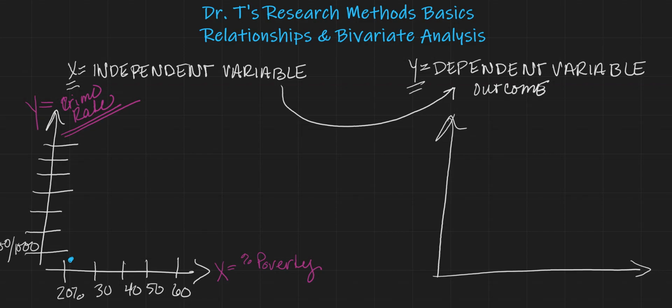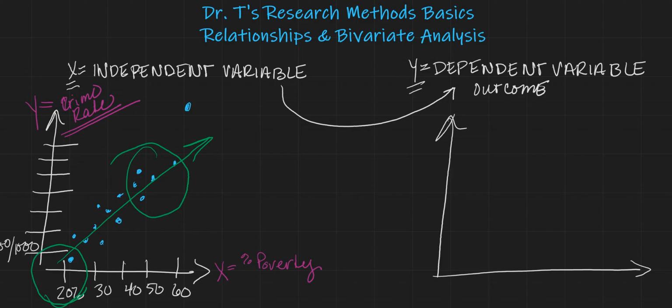I do this for all the cities, and I would probably see a relationship that looks something like that. Looking at this overall, I see a relationship that's increasing from left to right, where the cities with the lowest amount of poverty also have the lowest amount of crime, and the cities with the higher amounts of poverty have the higher crime rates.